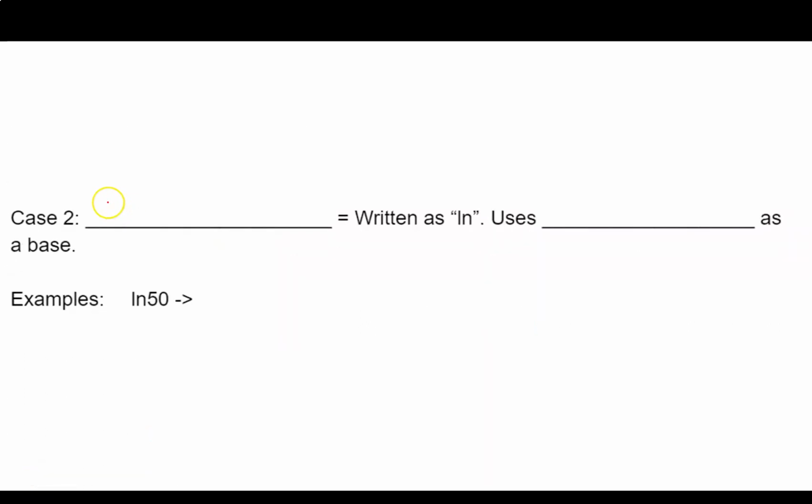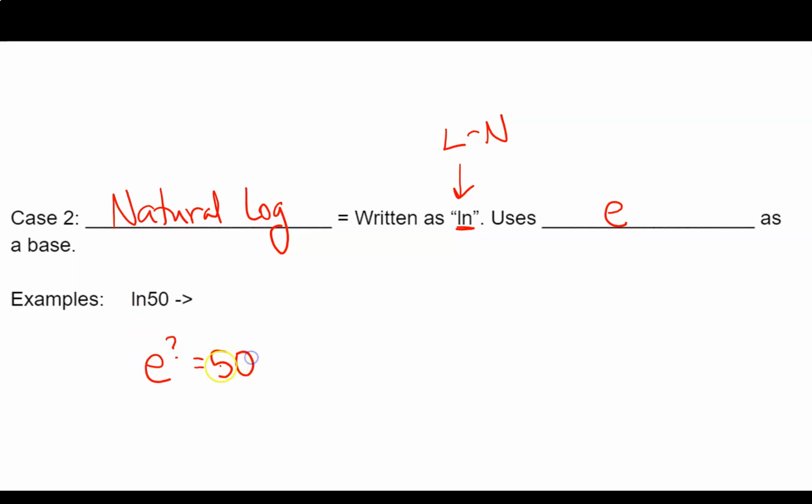The next one is the natural log. It looks like IN, but it's LN, and we just write it like that. It uses e as the base. So if I see natural log of 50, that's saying e to what power equals 50?